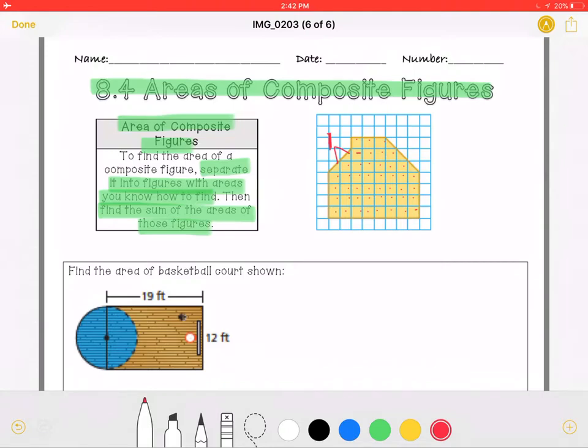And again, we still have another 2 halves that make a whole, and then we are left with this half. So in total, if you counted with me, we had those 45, we're going to say 46, 47 and a half units. And it's area, so it's units squared.